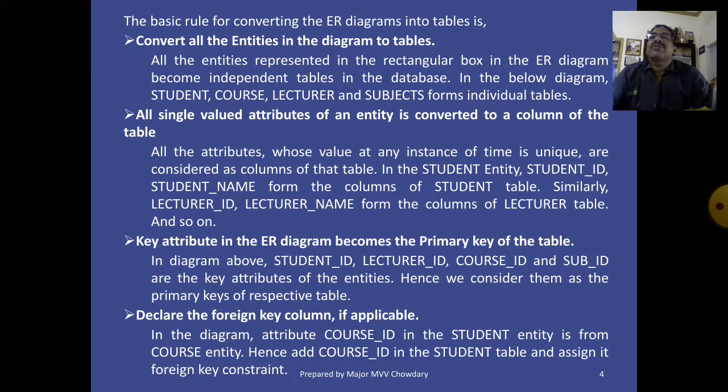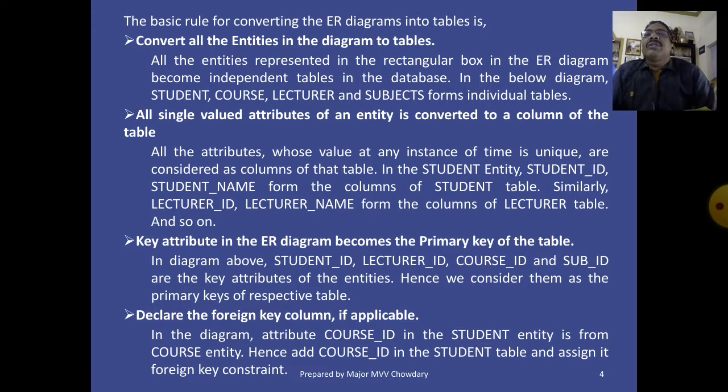The basic rules for converting the ER diagram into table is to convert all entities in the diagram to tables. First, convert all the entities in the diagram to tables. All the entities represented in the rectangular box in the ER diagram become independent tables in the database.